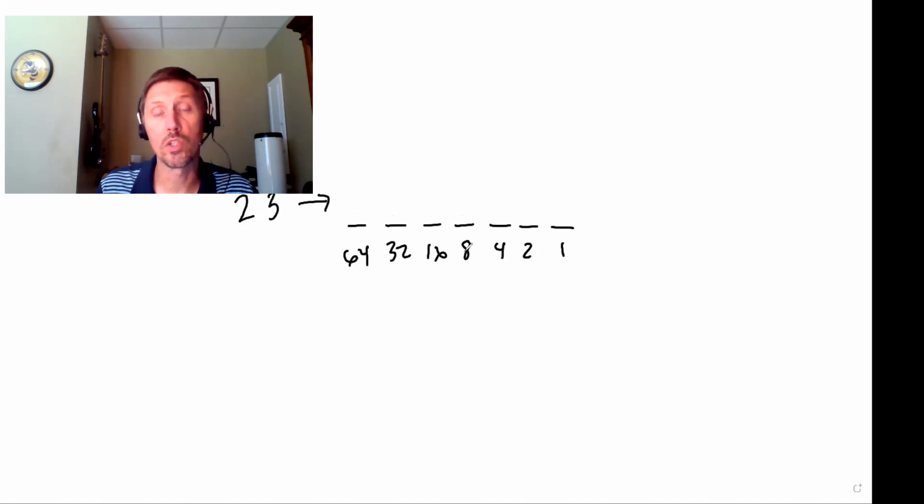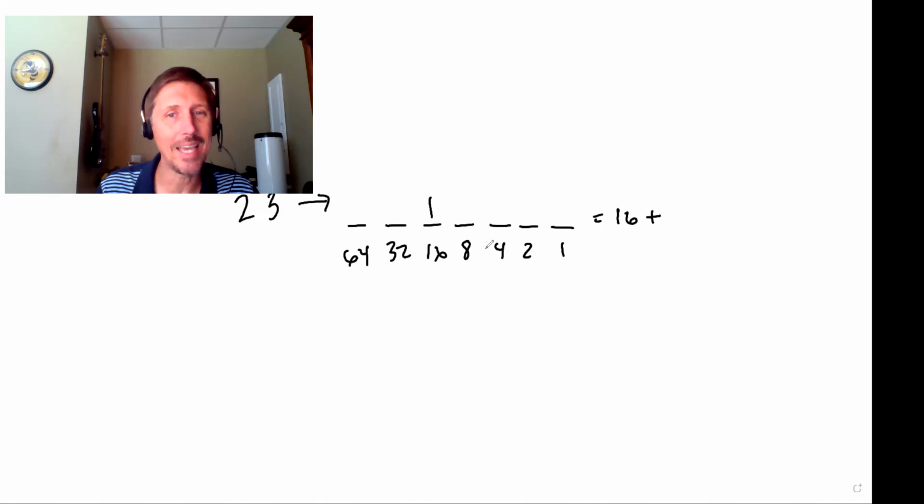What you want to do is start with the biggest number that is still smaller than the 23. The first one like that is the 16, so you want to put a 1 there. Because that way we have 16 first, and then we have to add something to 16 that's still less than or equal to 23.